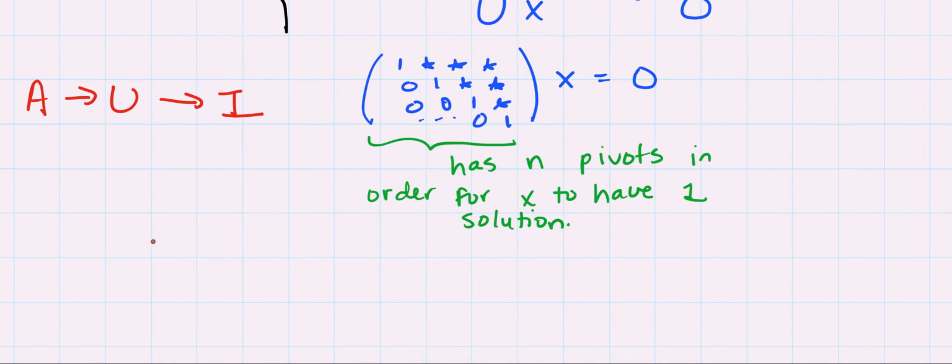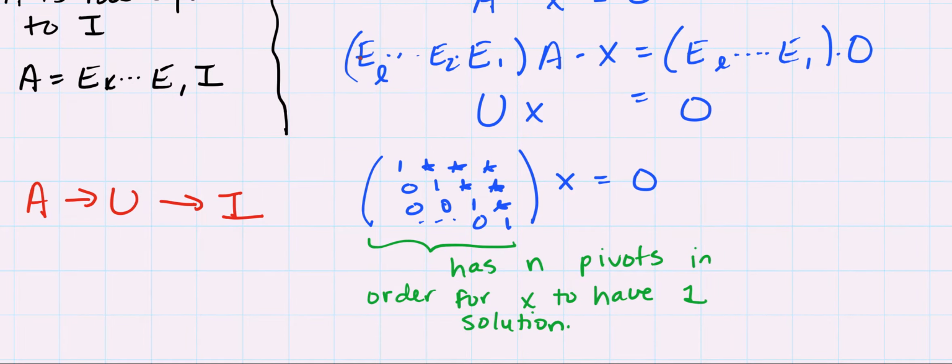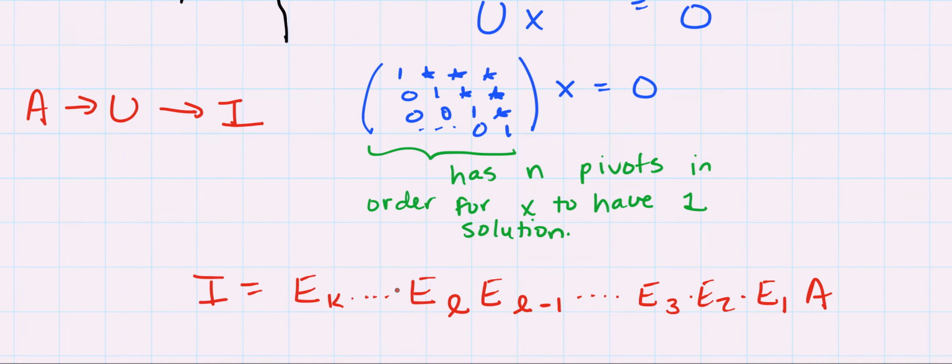So then the identity matrix is a bunch of matrices like this, because I used L here, because this was the matrix U. And then I have some more.